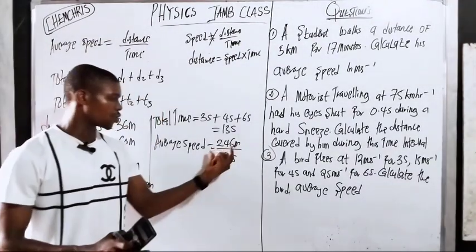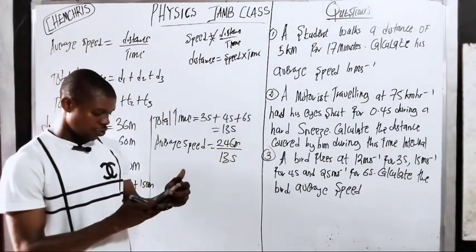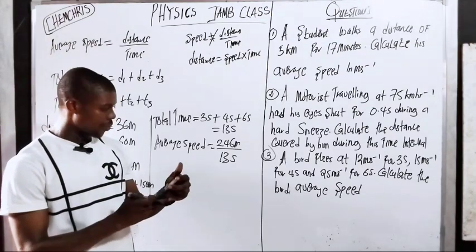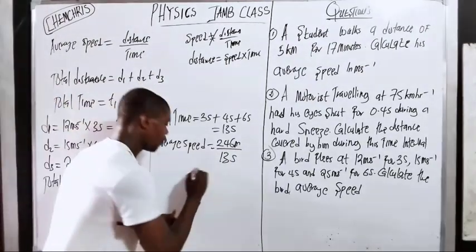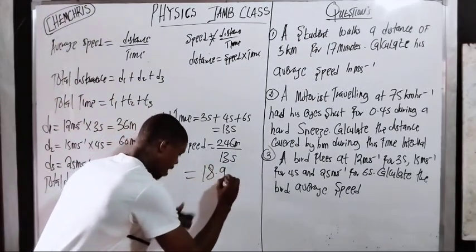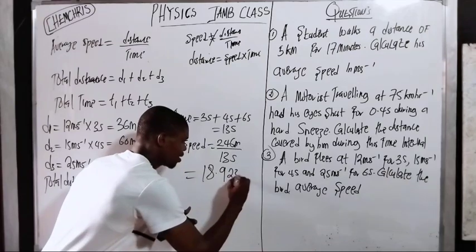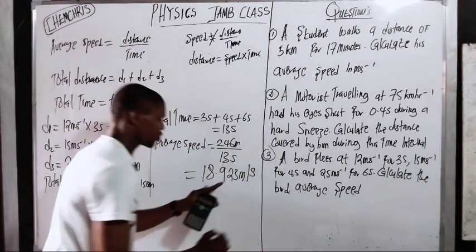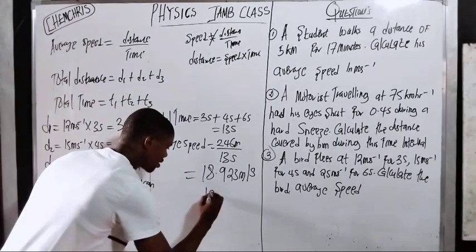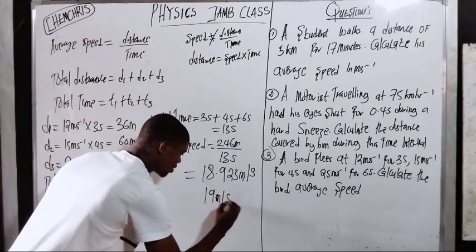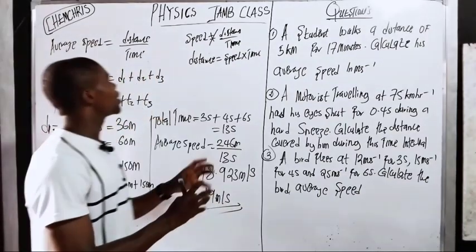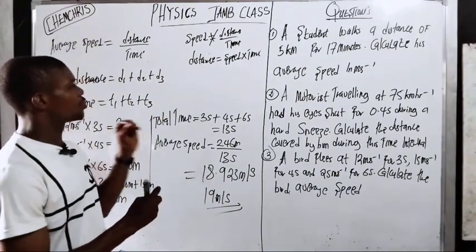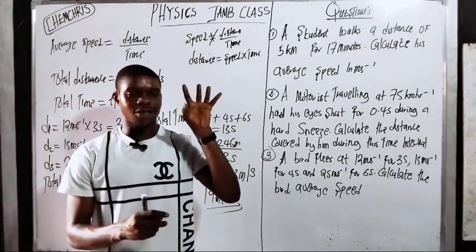So what we want to do is divide them. 246 divided by 13, here we have 18.9 meters per second. We approximate it to 19 meters per second. That is the answer. So with this, we are done with speed.